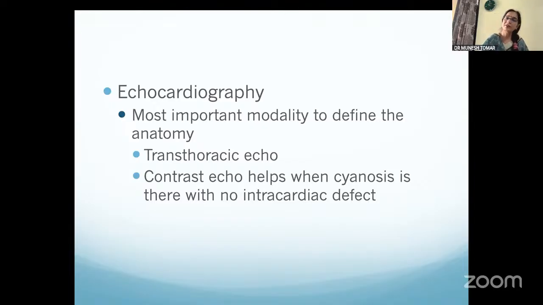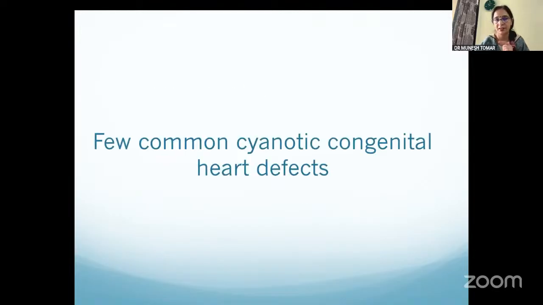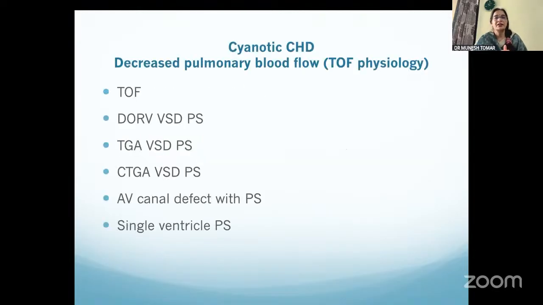Coming to echocardiography, this is the most important modality, telling you in black and white what we are dealing with. The transthoracic echo in the pediatric age group tells you everything. If things are not explained by routine echo, we go for contrast echo to explain the low saturation in these children. Coming to a few cyanotic congenital cardiac defects, the commonest cyanotic heart defect is tetralogy of Fallot.